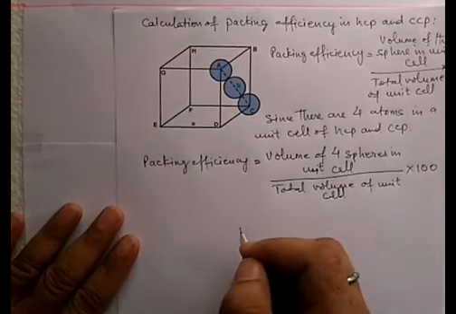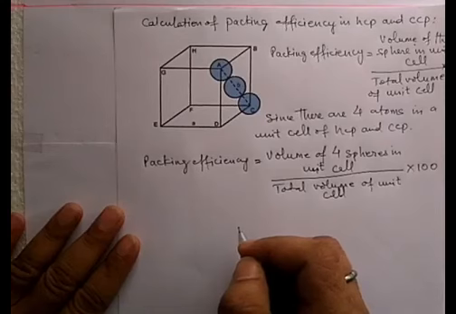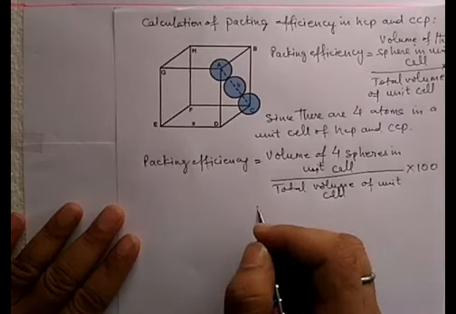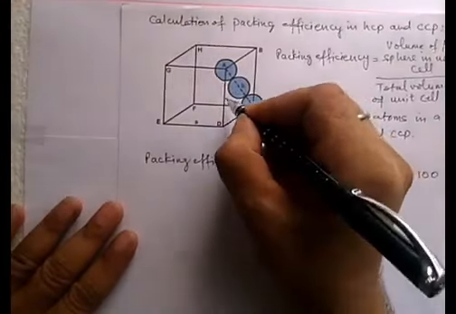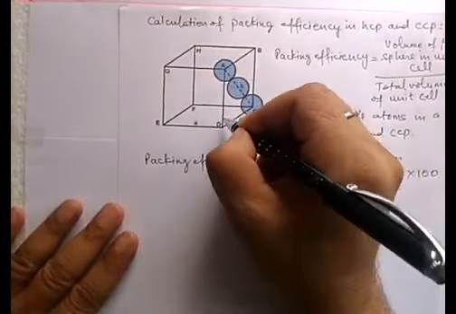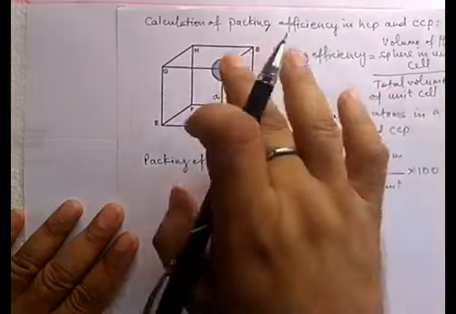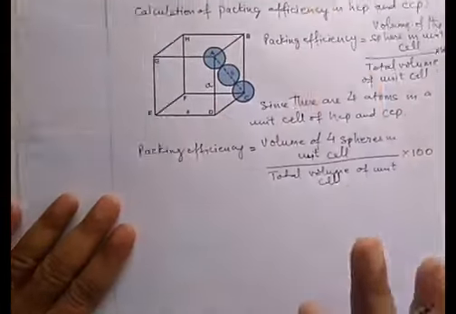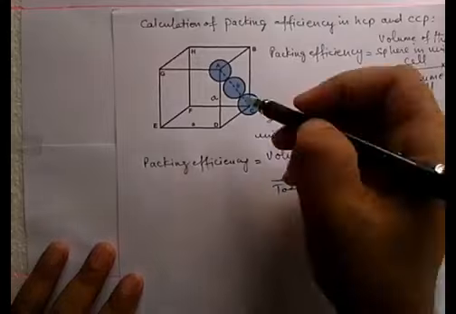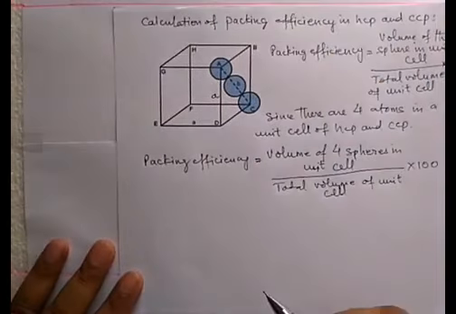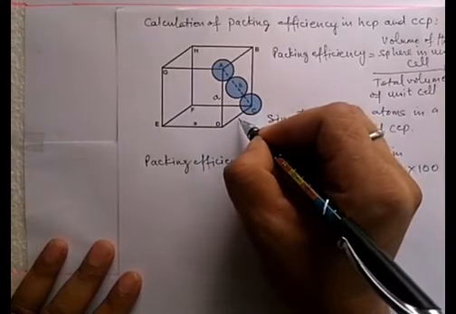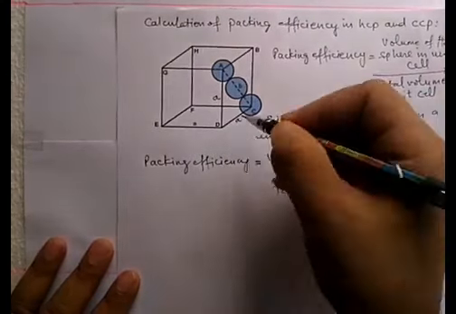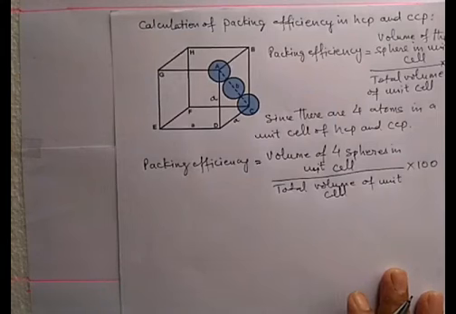Now let's begin our next job. Let the side of a unit cell be equal to A. Let's assign AD equal to A, because all sides are equal, and here the diagonal AC is B. This side is also A, because all are equal.